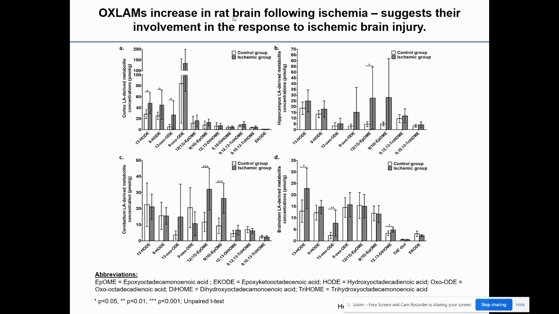So here we showed for the first time that in different brain regions in the rat, these OXLAMs on the x-axis, all the different OXLAMs, the y-axis is their concentrations, and you have different brain regions: cortex, cerebellum, hippocampus, brainstem. We're finding that these OXLAMs are massively produced during ischemia compared to non-ischemic controls, suggesting that they're potentially involved in regulating this response. And they may therefore serve as a target for mitigating the effects of ischemia that is damaging to the brain.